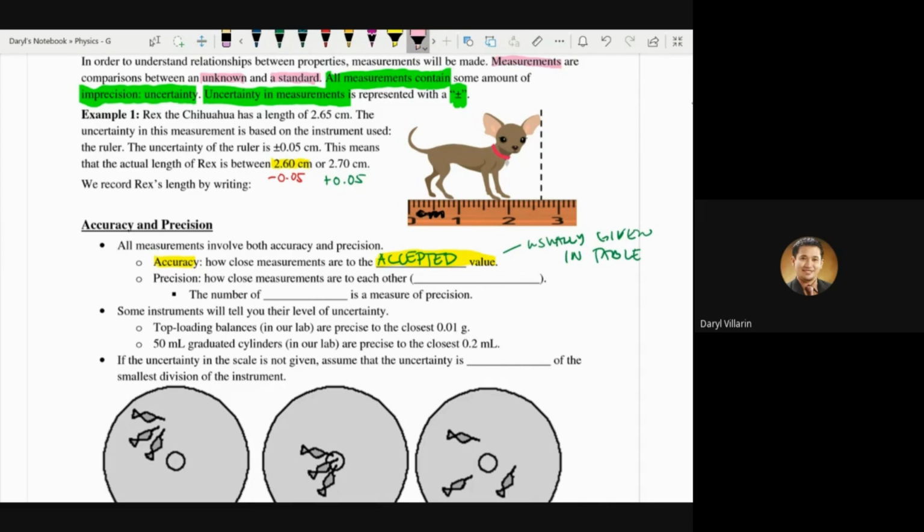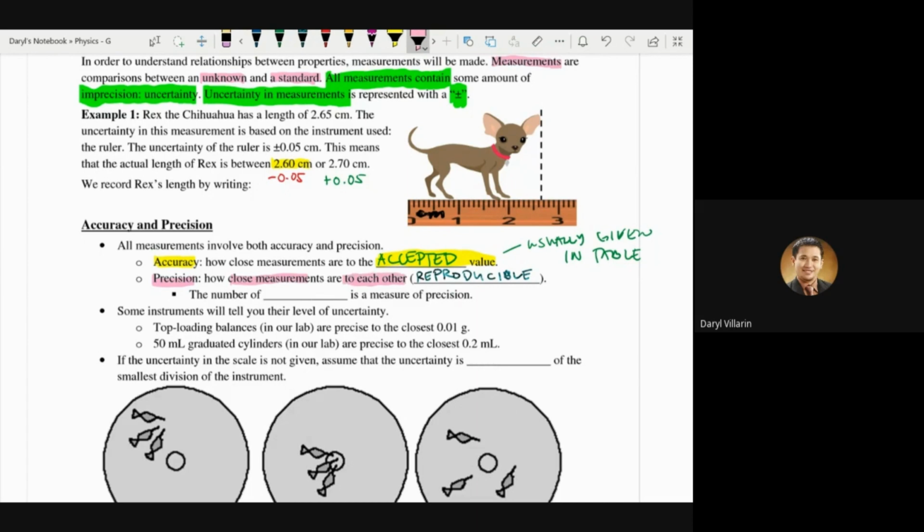While precision, on the other hand, would be how close measurements are to each other. So when we try to do a particular measurement, and every time we try to get that value, we get more or less the same value, we say that that particular measurement is precise. So it's just talking about how close the measurements are to each other.